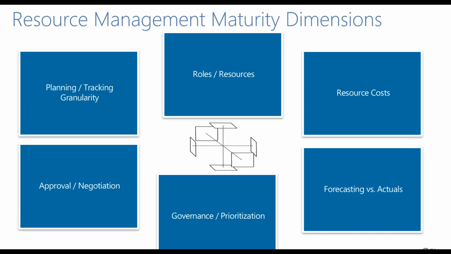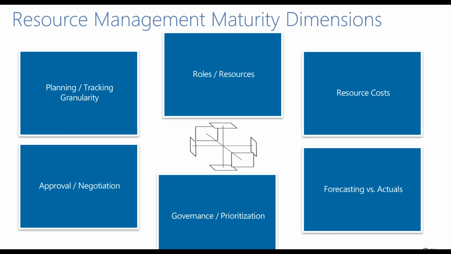And then in a matrixed or siloed organization, you may end up with a resource approval or negotiation process. It may not be the purview of one person to decide what resources are going to be on my project and what tasks I'm going to put them on. You may have to negotiate with different organizational entities.